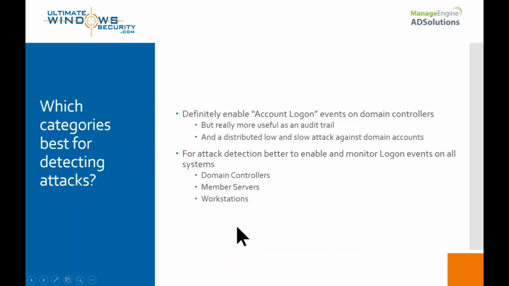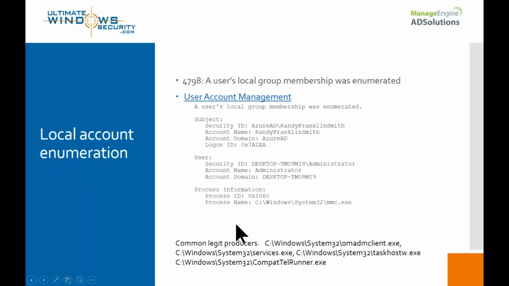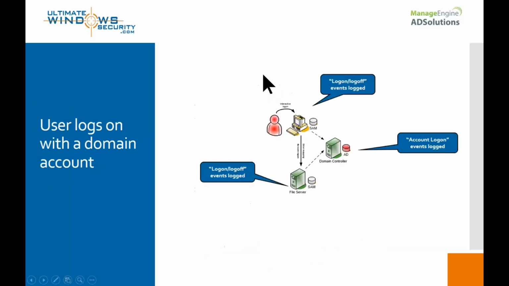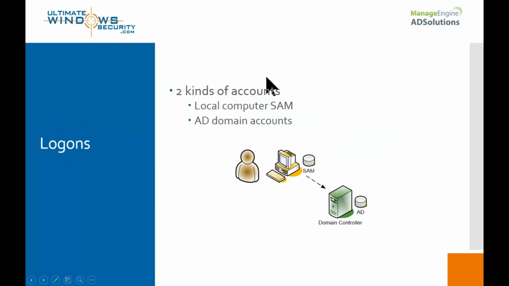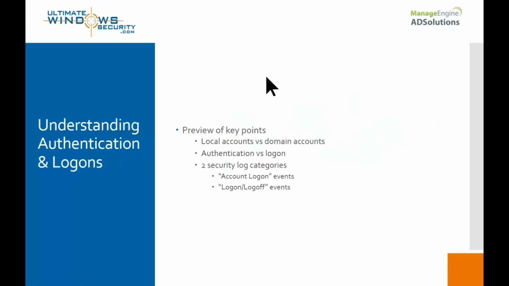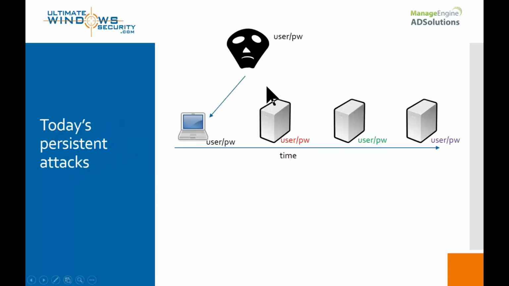So let's talk about now some events that we can track to detect attacks. First of all, which categories are best? Now, here's the first thing that a bad guy might do. I'm going to go back to my attack here.